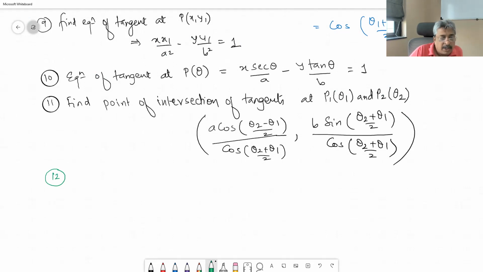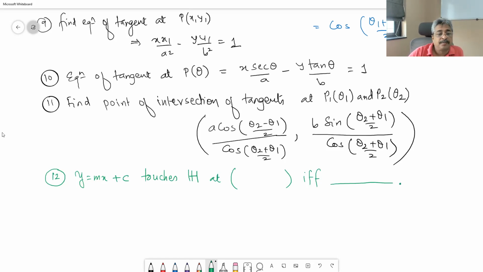Point number 12. Fill in the blanks: y is equal to mx plus c touches the hyperbola at, if and only if... Okay, the point of contact on the hyperbola is (minus a square m by c, minus b square by c) if and only if c square is equal to a square m square minus b square.